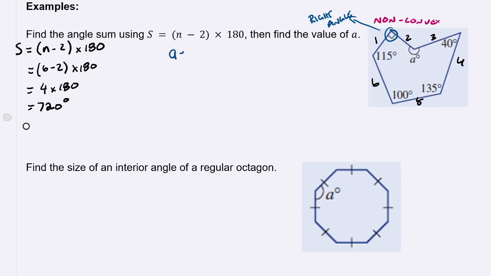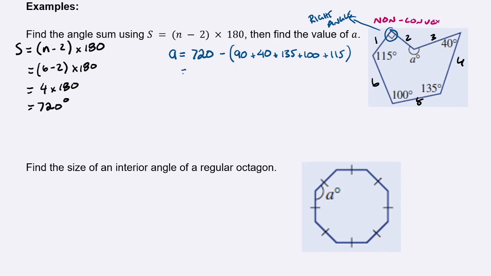Right, so A equals 720 minus, now I'm going to pop all these in brackets to chuck into a calculator. 90 degrees for the right angle, and then we'll just go around and around until we get to the last angle listed. So we should have 5 angles because we want the other one.